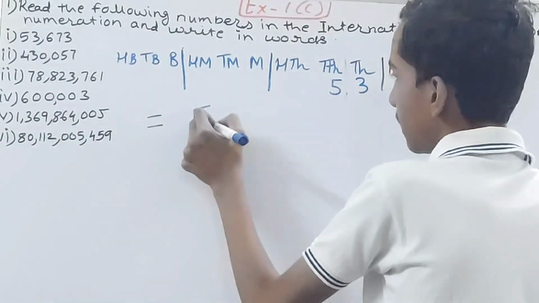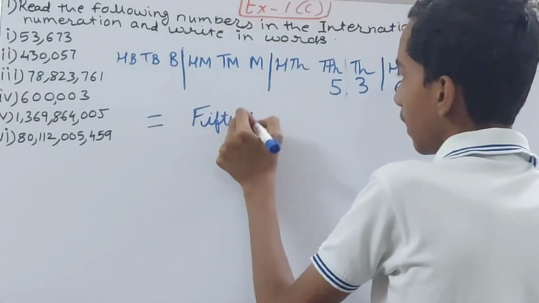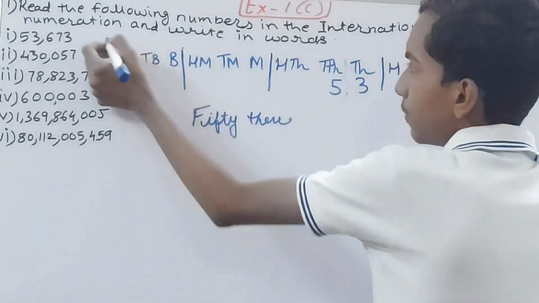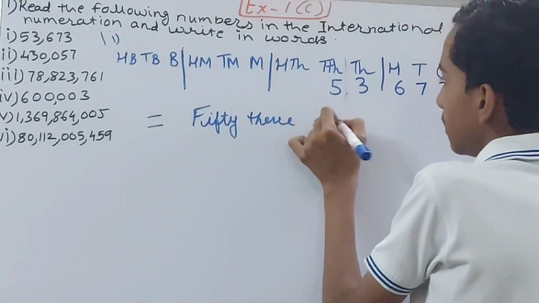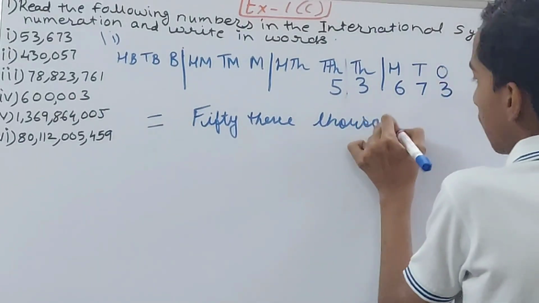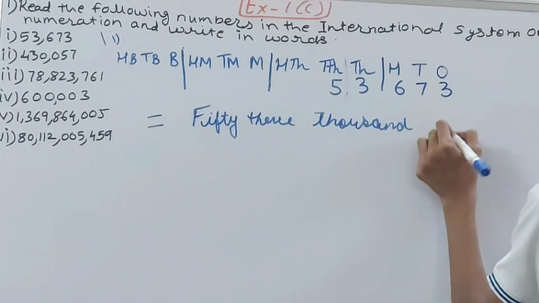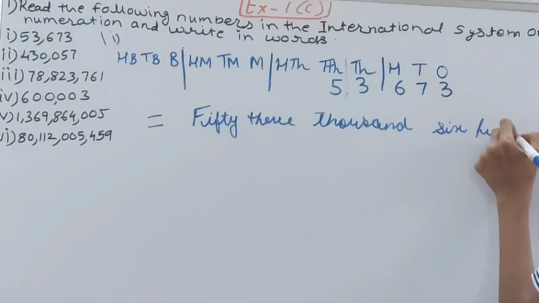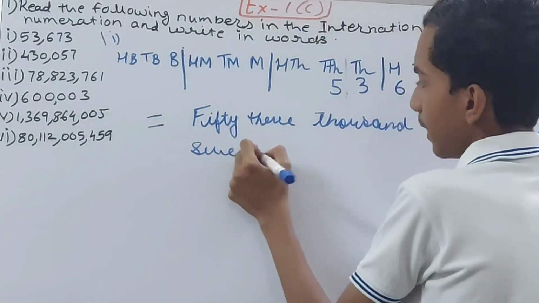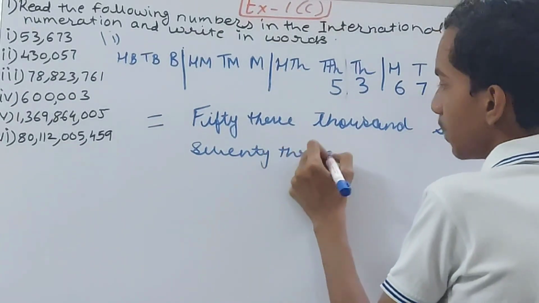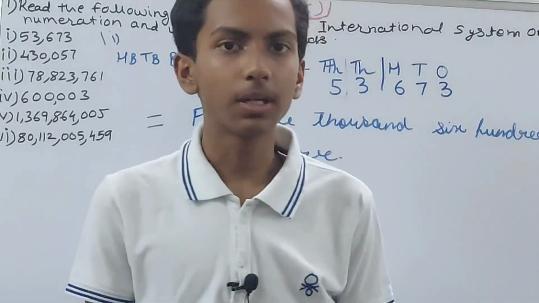You have 53,673. That's it for this first part. Let's move on to the next part now.